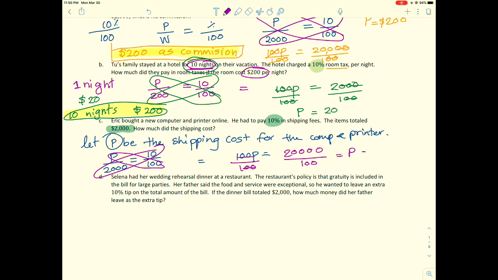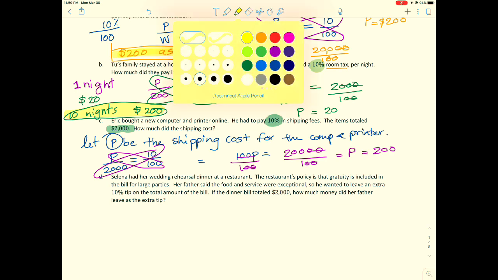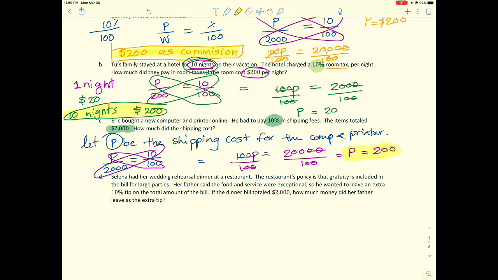P is equal to 200. And that's just one item, so let's highlight that.